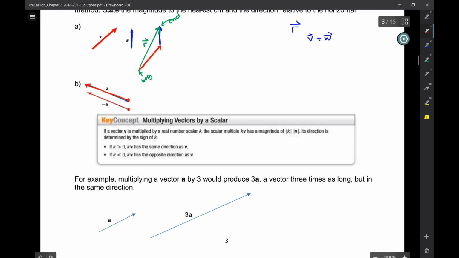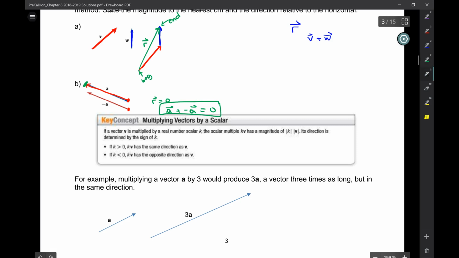Where was the very beginning of the story? Here. Where is the very end of the story? There. How much net have you walked? 0. So the resultant here is 0. I'm never going to ask you this, it's too simple a question to waste a question on. But you need to know that if you have vector A plus negative A, the sum is 0.